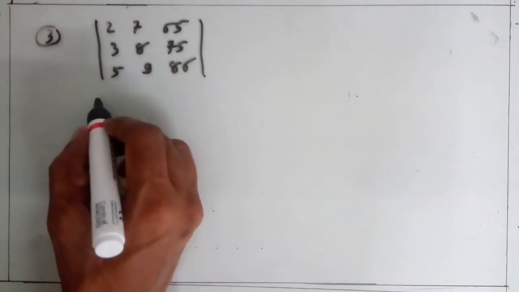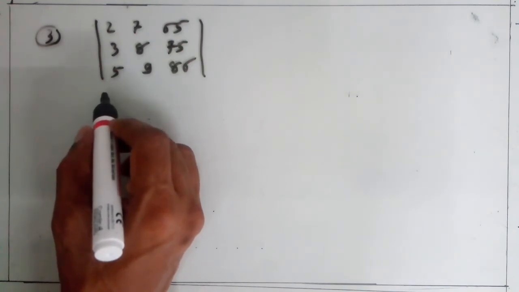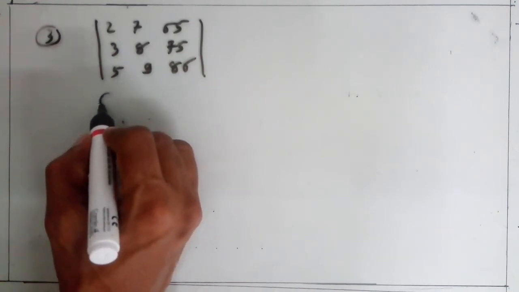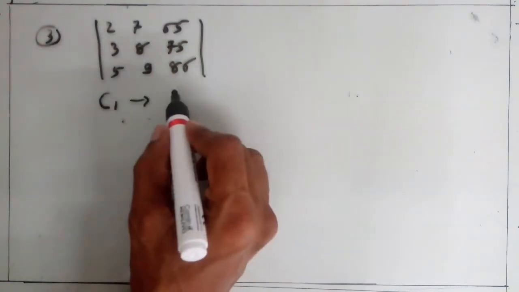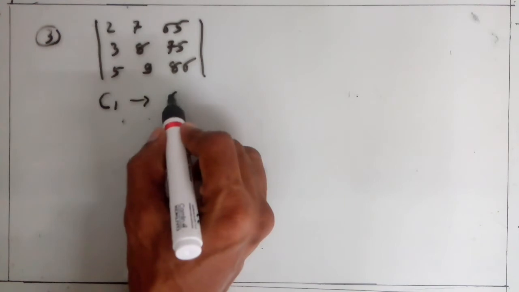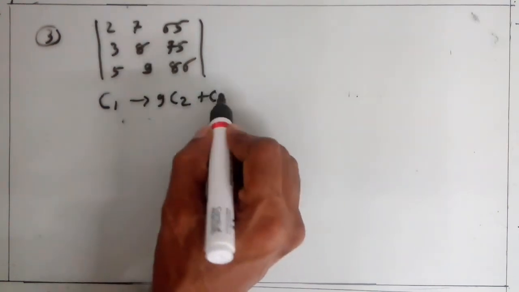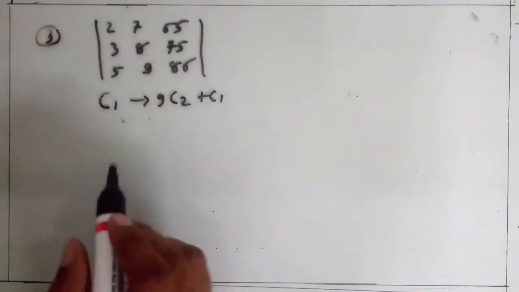Remember this here. How do we get two columns with corresponding entries the same? Here, we change the first column by multiplying the second column by 9 and adding it to the first column, or C1 plus 9 C2.